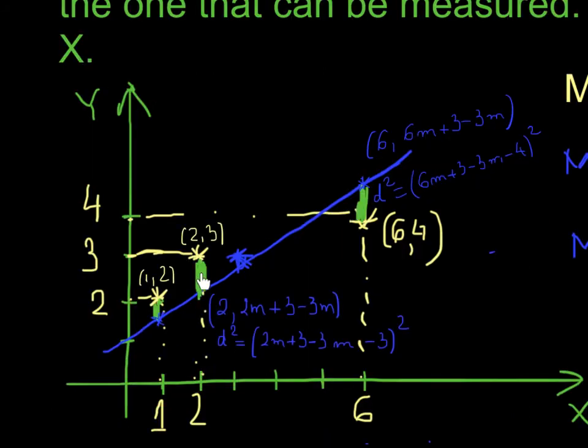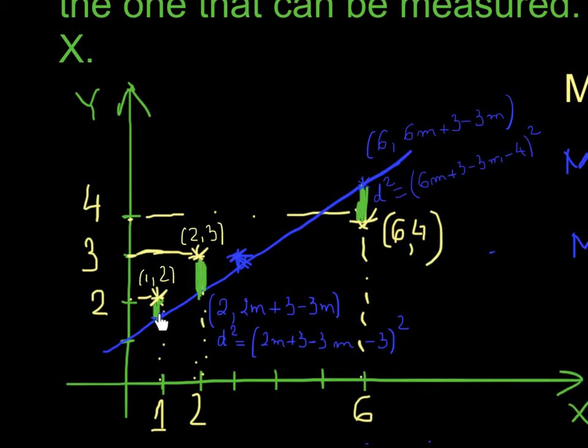For the second point of coordinates 2, 3, the corresponding point on the line with the same x coordinate will be 2m plus 3 minus 3m. So the distance square is the difference between the y values of these 2 points that come vertically one on the top of the other. So this is a distance square.